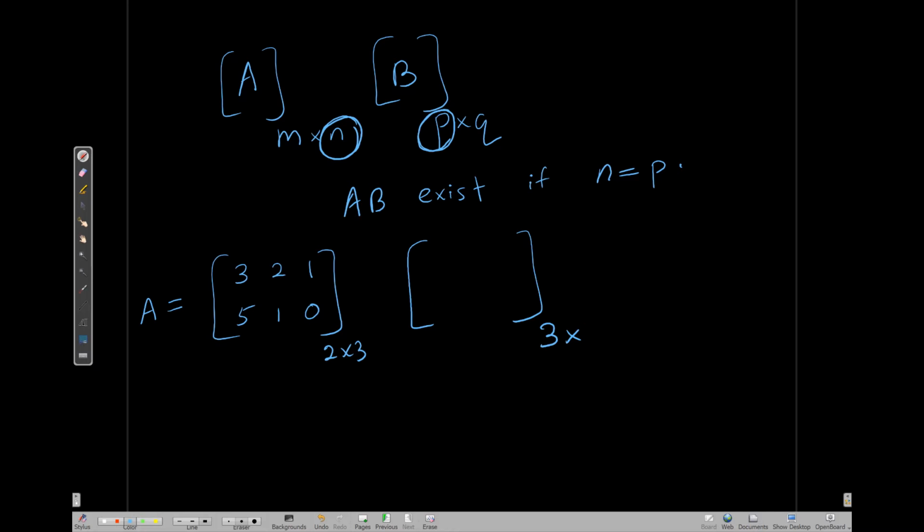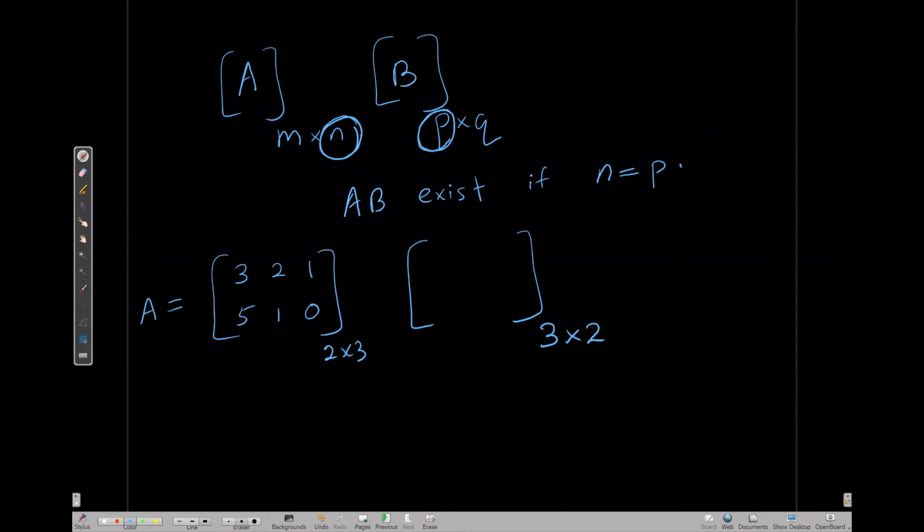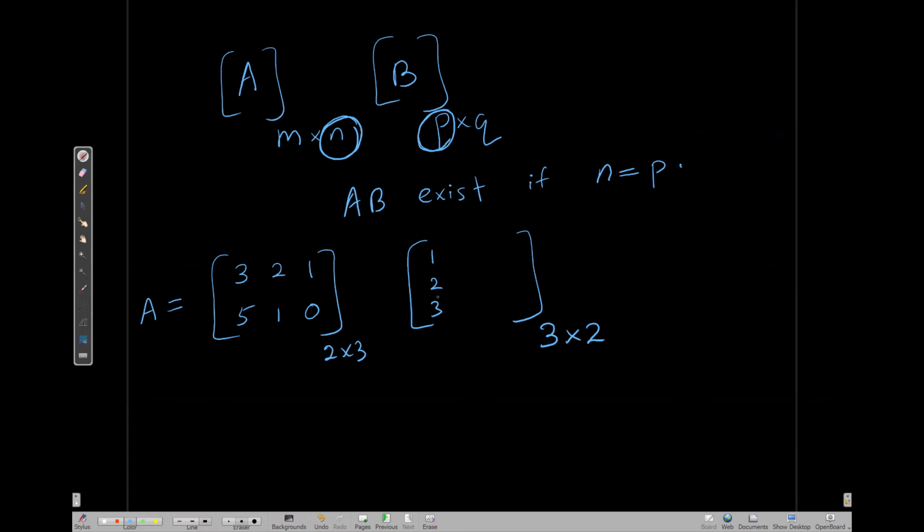Let's start with 3 by 2. So 3 rows and 2 columns: 1, 2, 3, 1, negative 1, 0. That's it.